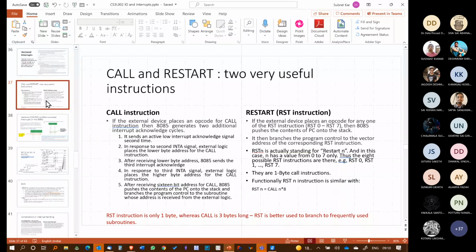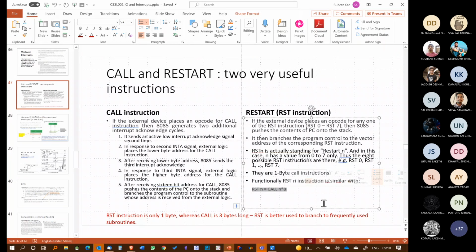So why two instructions? Well, restart, of course, goes to a known vector location. The call expects the address of the place you want to go to be told by the interrupting device. So there's a small difference. The restart is 1 byte. Of course, functionally you can see that there is this relationship.